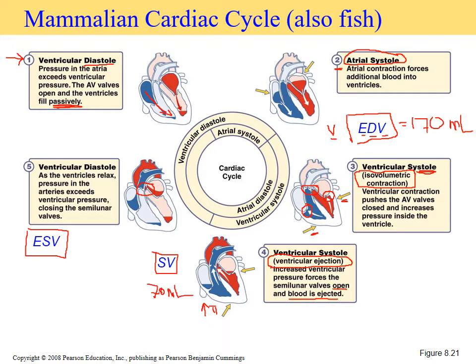In this case, it's 170 ml minus the 70 ml that I gave away during my stroke volume, which means I have 100 ml of blood left there. The ventricles are never bare. There will always be some blood in there. Part of that is because it contributes to the pressure that naturally needs to occur in the chamber.